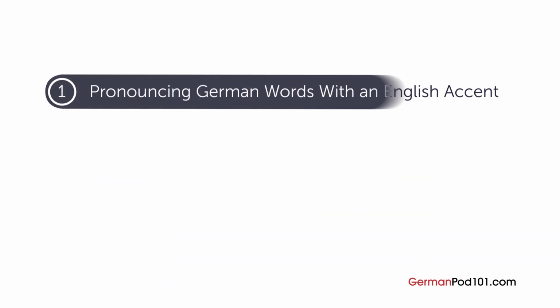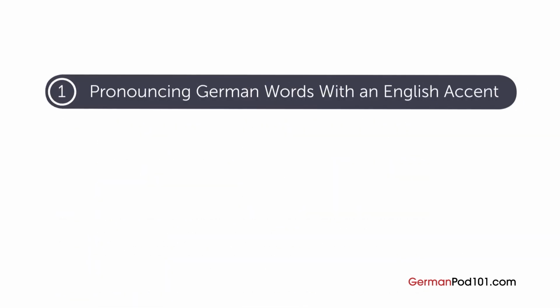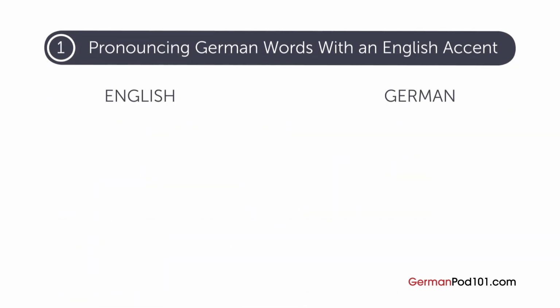Number 1. Pronouncing German words with an English accent. English and German have many words in common, so the tendency is to pronounce them as you would pronounce them in English. Compare a few English words with their German derivatives. Pretzel, Brezel, bagel, Bagel, cobalt, Kobalt, Autobahn.